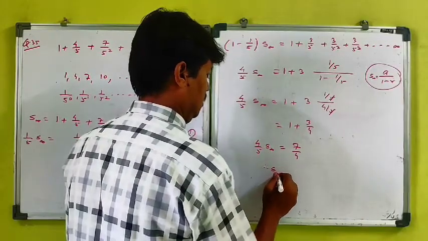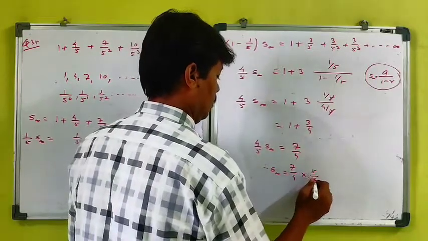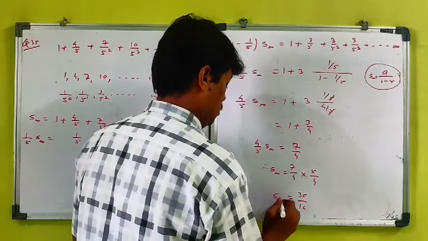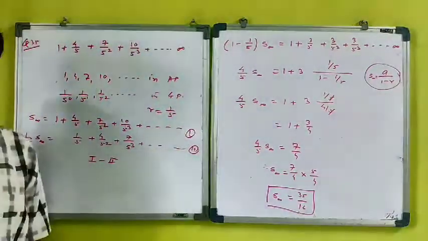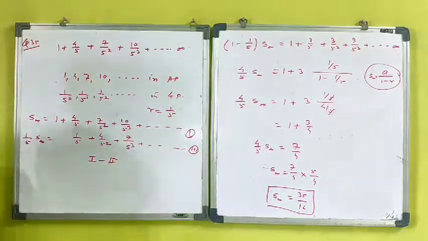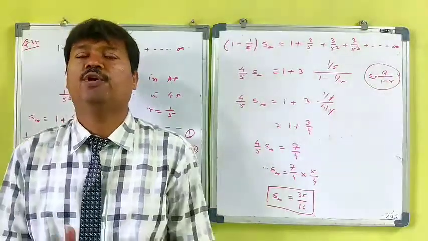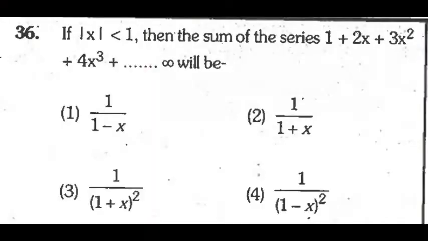So S infinity will be 7 upon 4 into 5 upon 4, which is 35 upon 16. So the answer for this is 35 by 16. I think it's a very simple one. Just you should know what an AGP is, and follow the method for AGP. That's it.